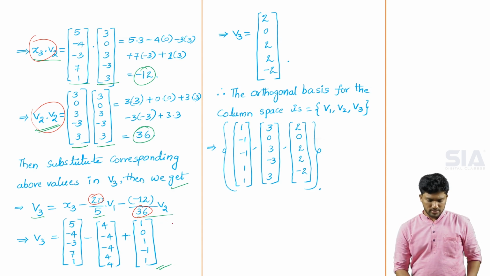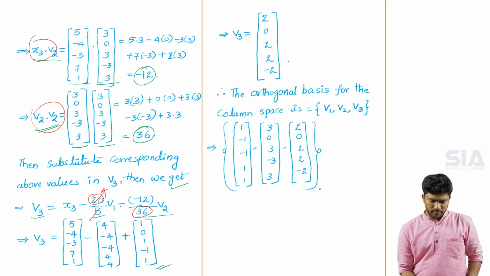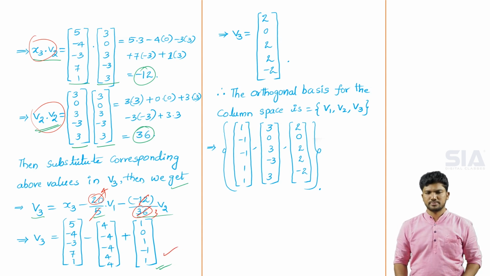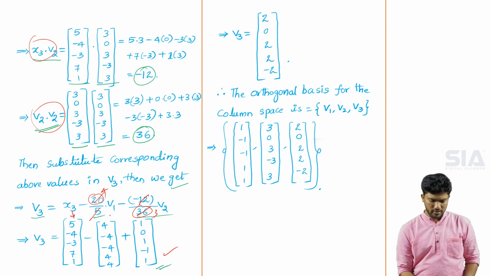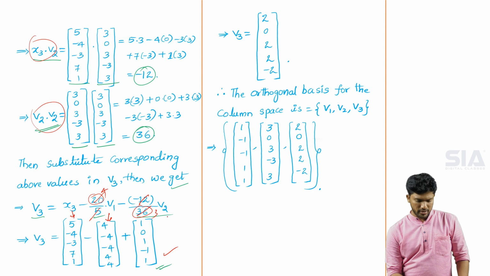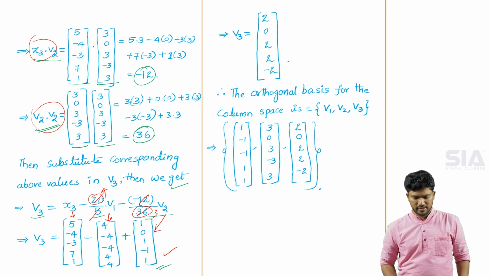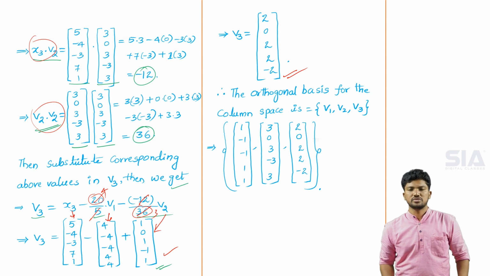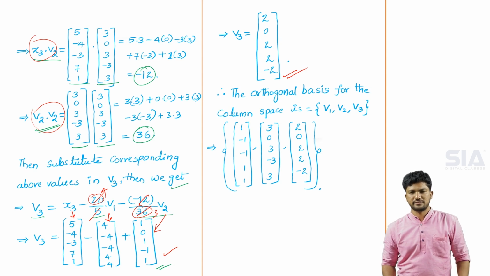After substituting, we get x3 minus 4V1 plus 1 by 3 into V2. So you will get in this format by substituting the corresponding values, multiplying V1 with 4 and dividing V2 by 3. So therefore V3 is equal to 2, 0, 2, 2, minus 2.